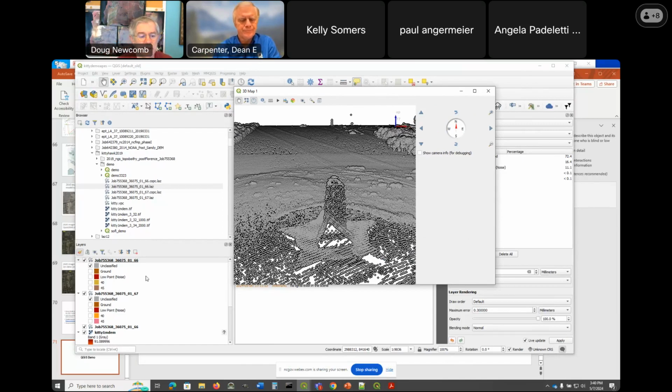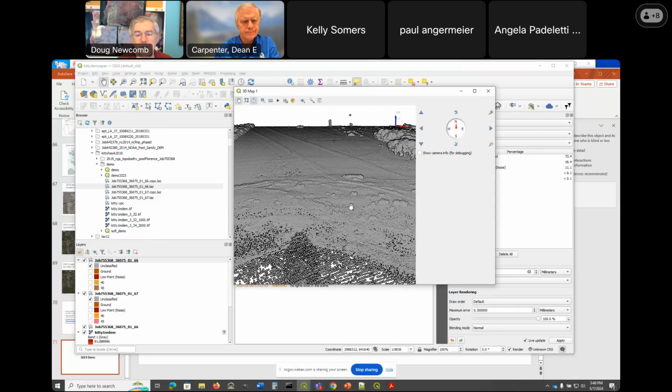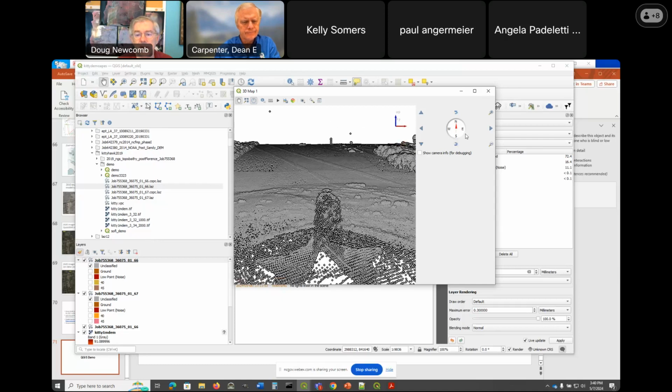And you'll notice over here are the different classifications. There are some high points that are probably bird strikes. If you look, you can see these individual points up here, which show you the dangers of trying to do canopy heights just by looking at the maximum value. You have to have some sort of upper boundary.